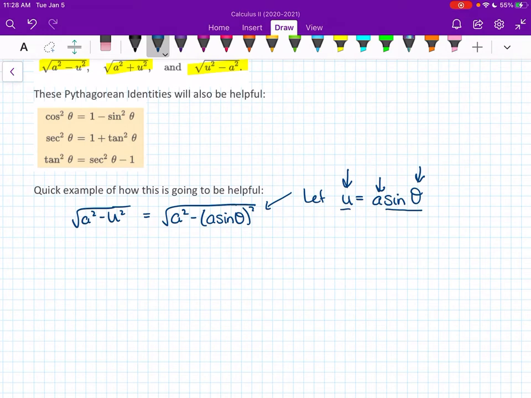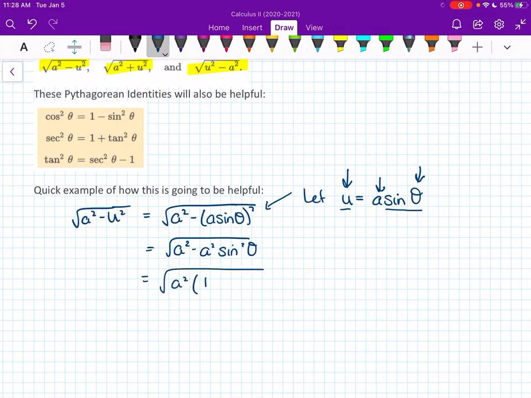Okay, so I still have two variables. I still have x in my expression of u, and then I have the variable theta, so they are a little bit dependent on each other. So it's kind of like u substitution, but a little bit different. Okay, so if I let that happen, now my radical is a squared minus a squared sine squared theta.